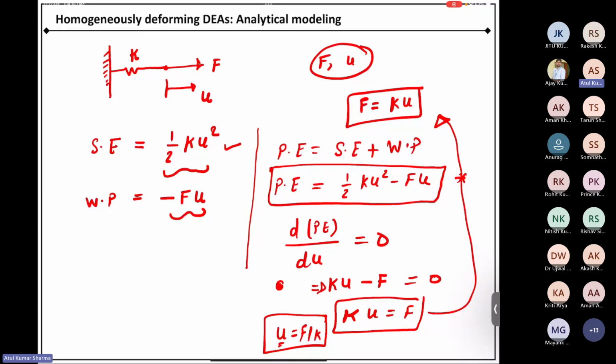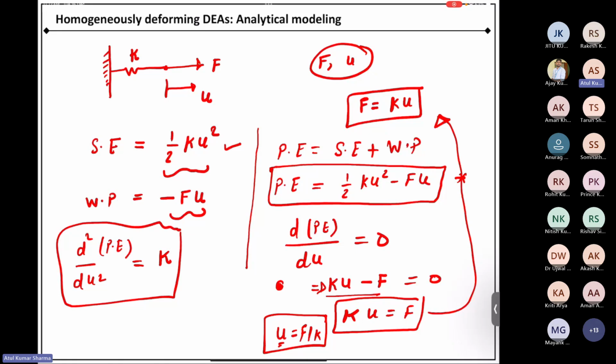For that we have to take the second derivative of the function. That will be d2 over du square of PE, and if you take the second derivative of the first derivative, that will be k. And you know that the stiffness of the system is always positive. So it means that the relation that we have derived corresponds to the stable equilibrium of the system.